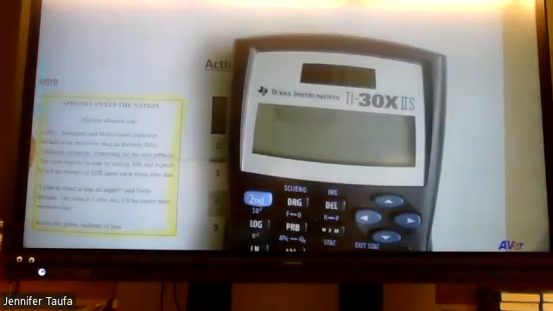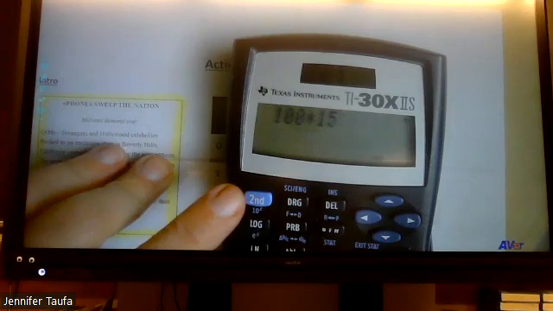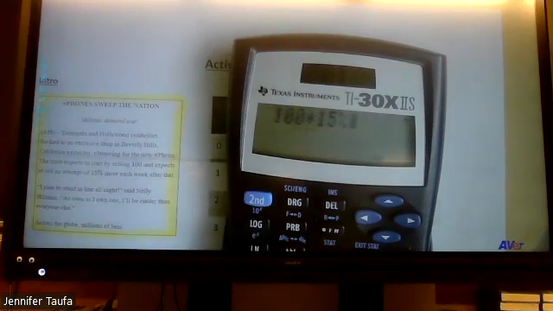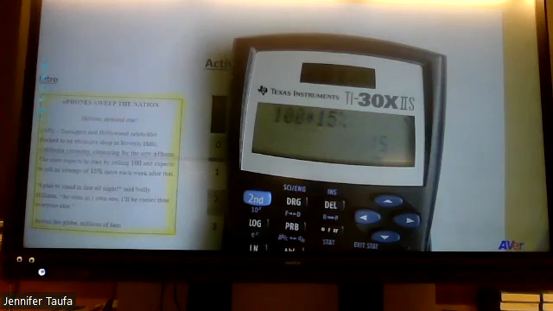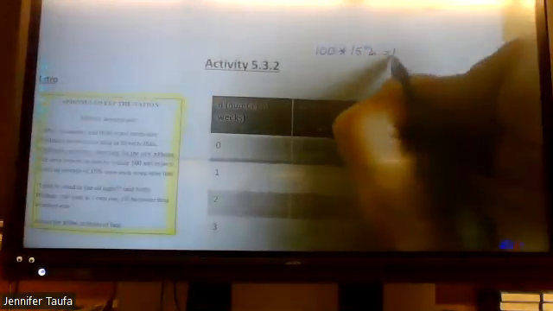Now, for those of you who are unfamiliar, your calculators have a percent key. It is second, left parentheses. It looks like that, okay? And so you can take 100 times 15% and you're going to get, there it is, 15. So what does that mean then?